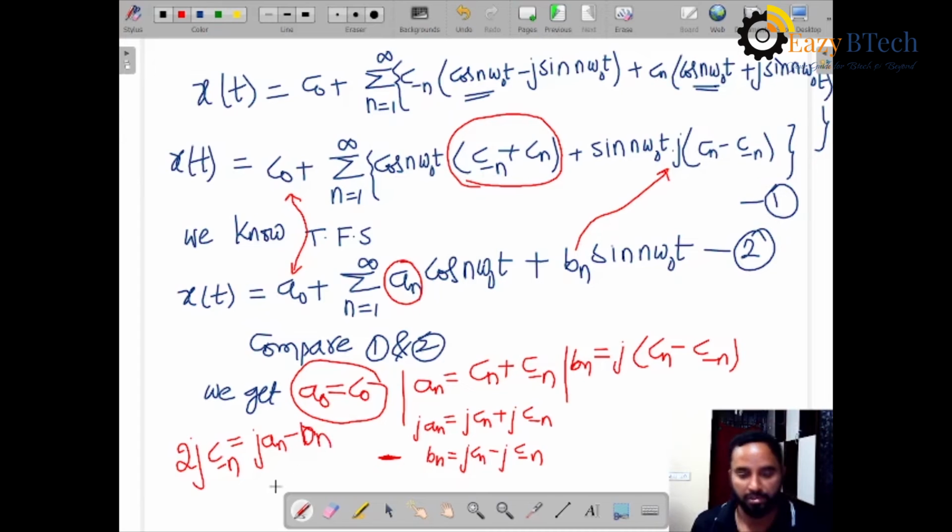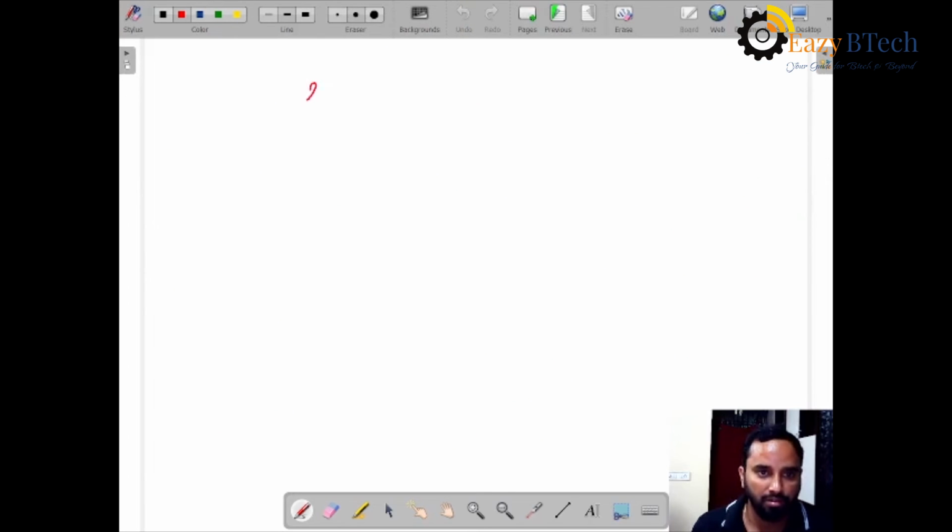Jan minus Bn. Now C minus n is equal to, next page. So what we have? 2Jc minus n is equal to Jan minus Bn.